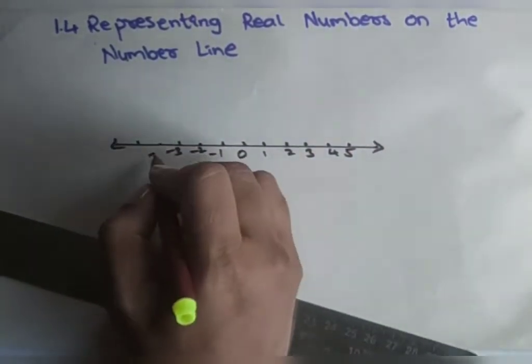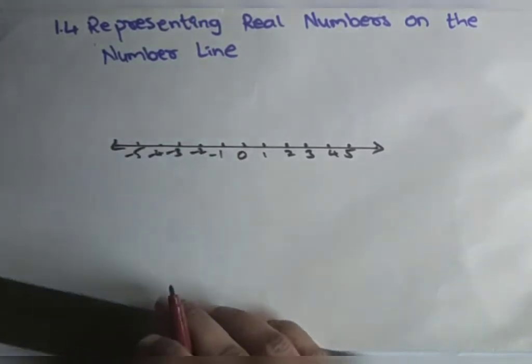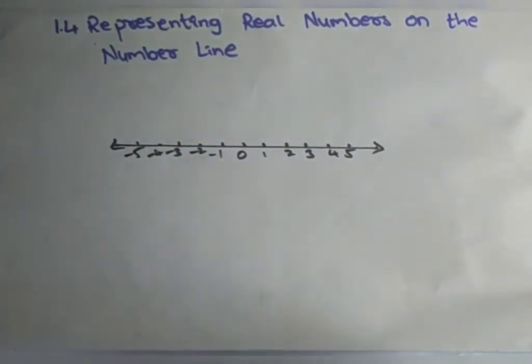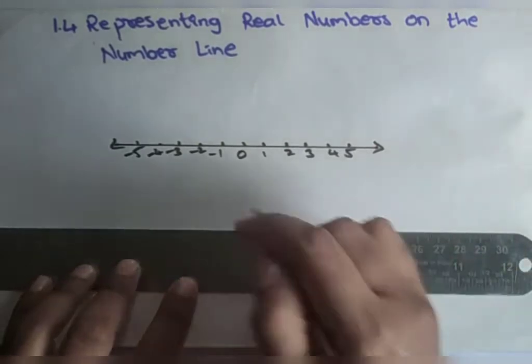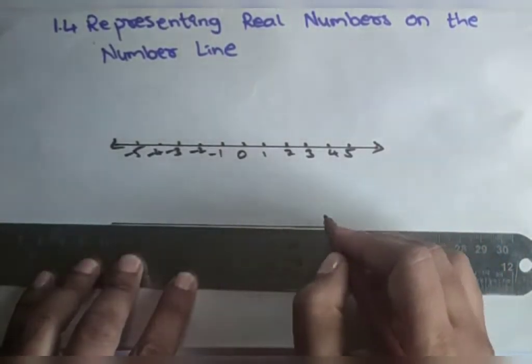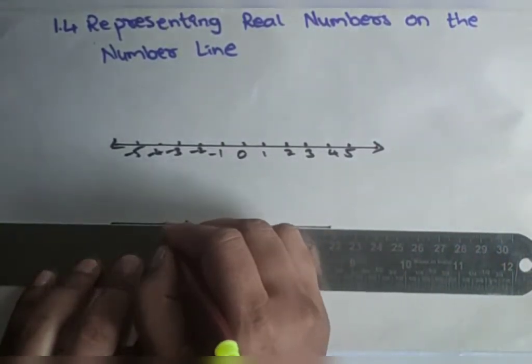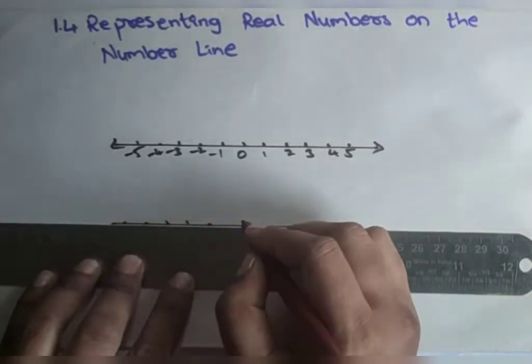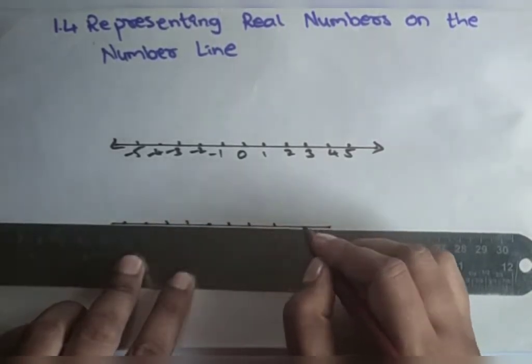Do you remember, students? Now next, in 8th you have represented rational numbers on the number line. Have you remembered rational numbers, or have you forgotten that also? So again same. Rational numbers means what?